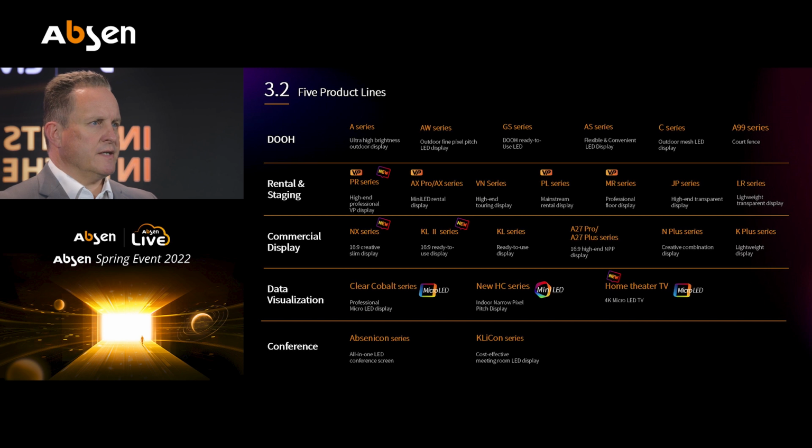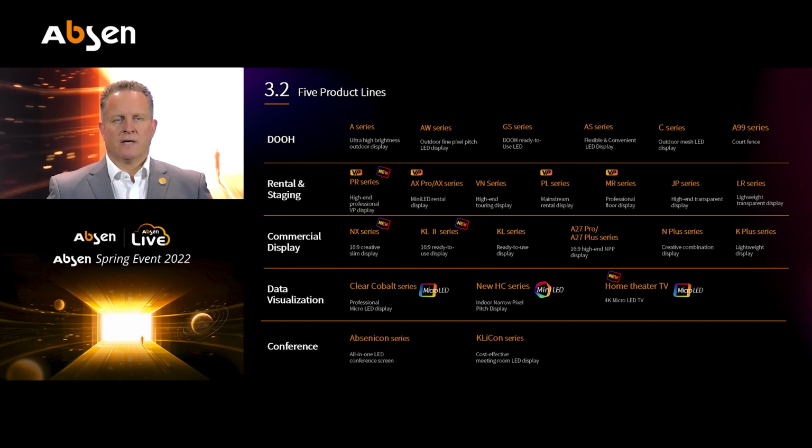We have the C series, a mesh product, and the A99 as a sports perimeter. But what you need to pay attention to are the news, which I will come to soon. It's the PR series in rental and staging, the NX series in commercial display, and also the KL2 series within the commercial display. And last but definitely not least, we also have the home theater TV.